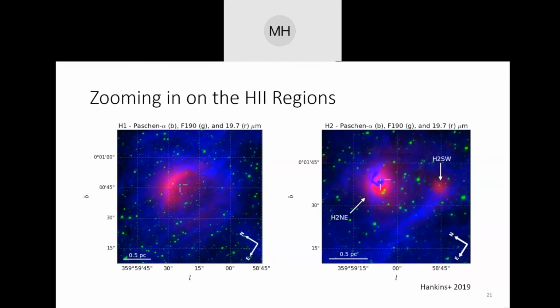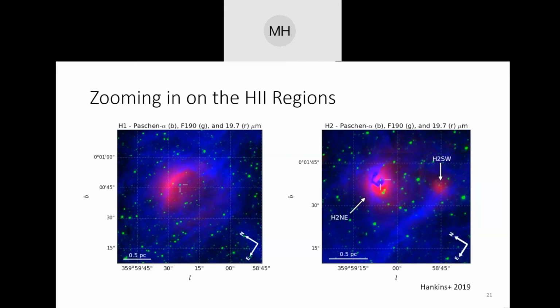I'm going to first show a couple of these sources, one known as H1 and H2, on the left and right. This is a combination of some near-infrared data from Hubble, again the Paschen alpha in blue, but this time I'm showing a continuum filter to show stars in green, and then the SOFIA observations at around 20 microns in red.